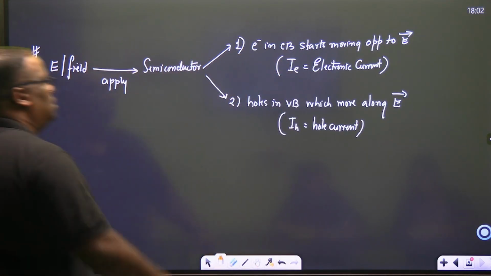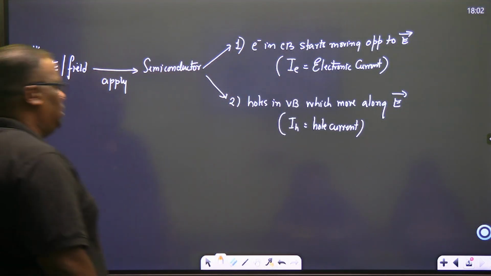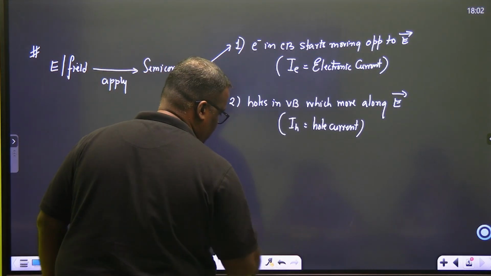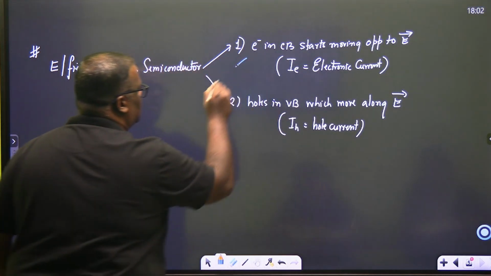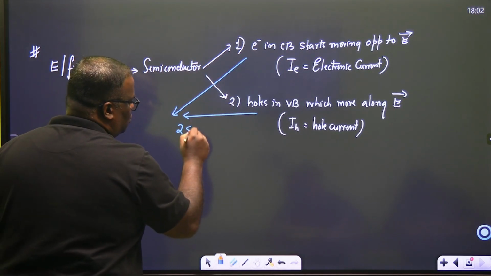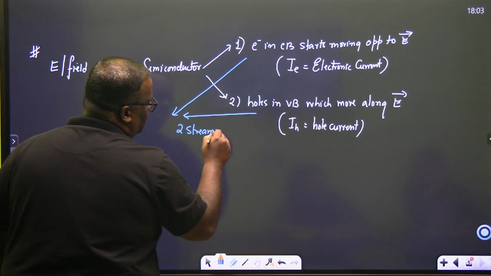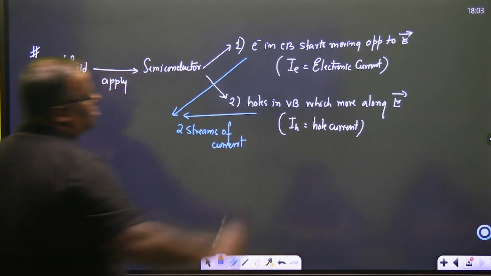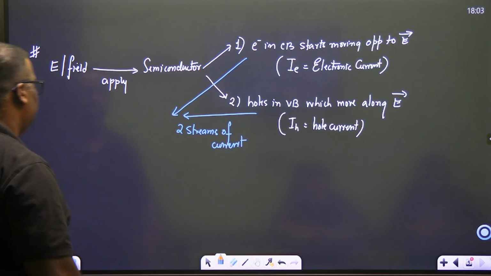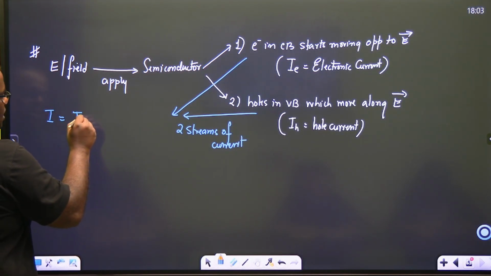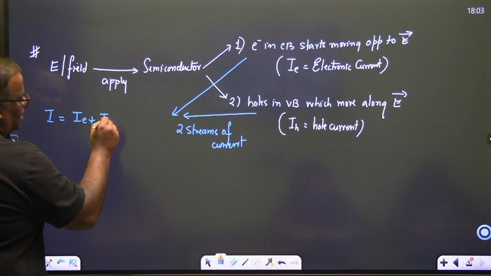Two types of movements: electrons are moving opposite. This means I have two streams of current, and I say the current in the semiconductor, I, comprises IE plus IH.